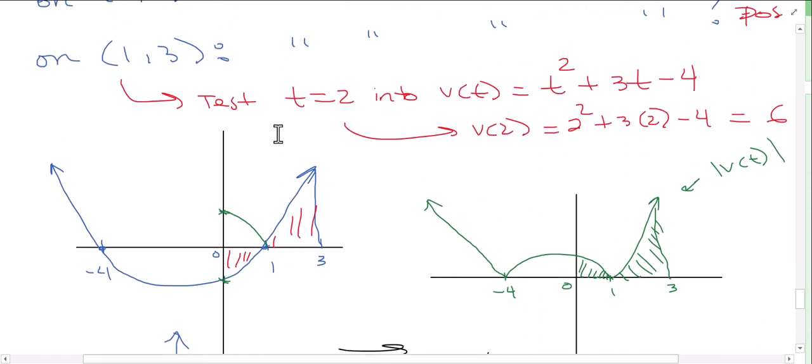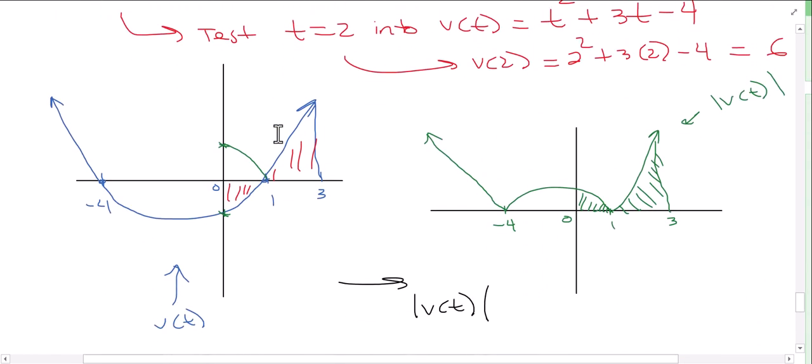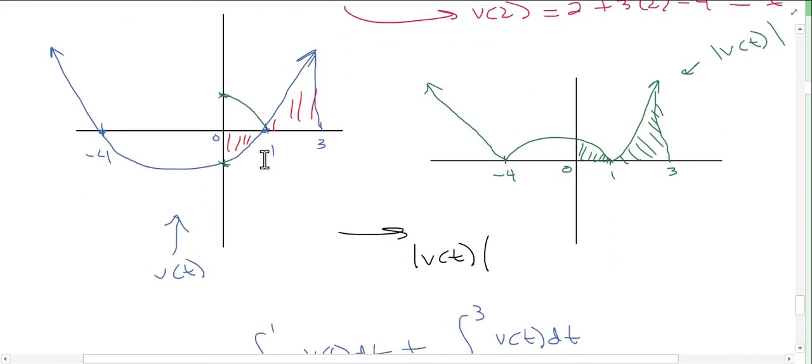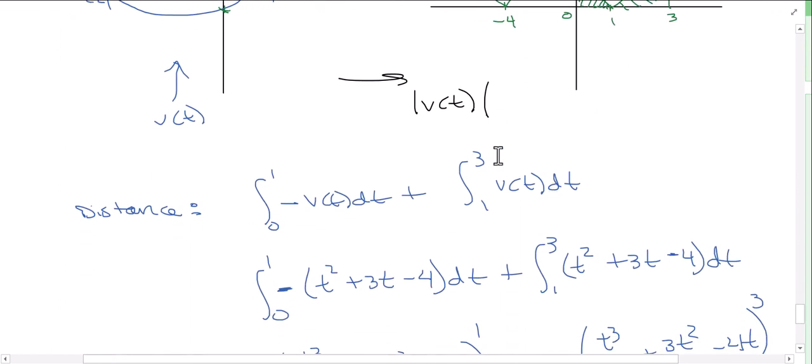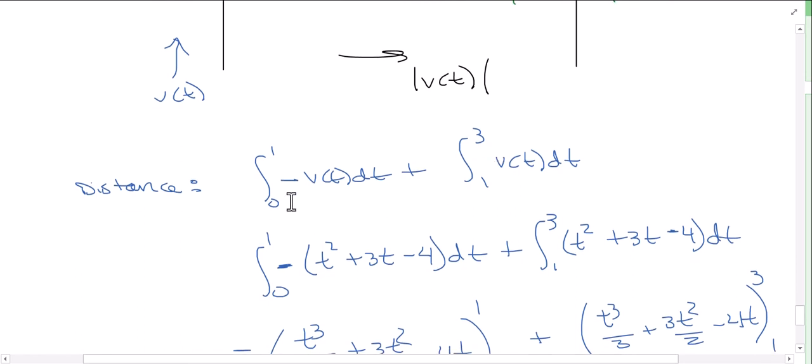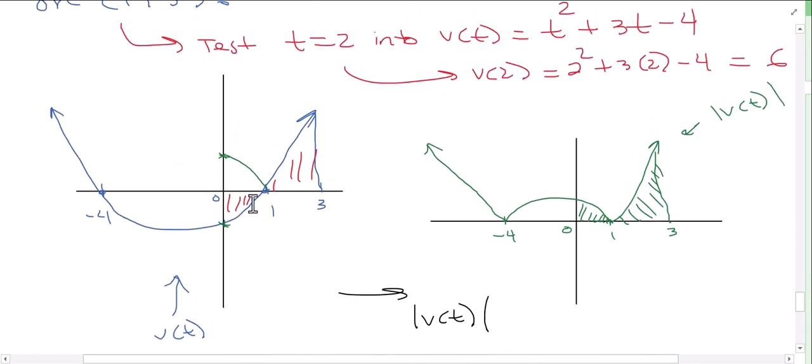Oftentimes we hope that our velocity is always positive, but that's not usually the case. And so we have to figure out where it dips below the axis on our interval. Our interval here was 0 to 3, and it dipped below the axis from 0 to 1.